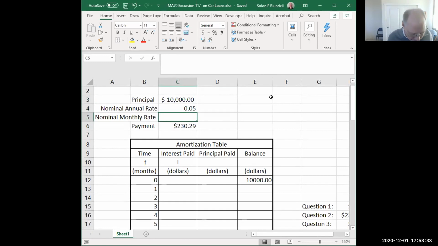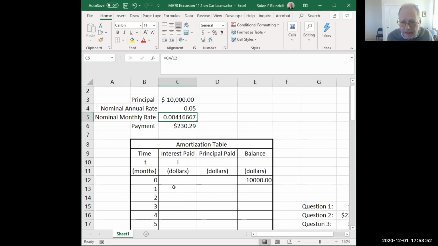So for my monthly interest rate, take the annual divided by 12. And internally, the software is keeping many, many digits.